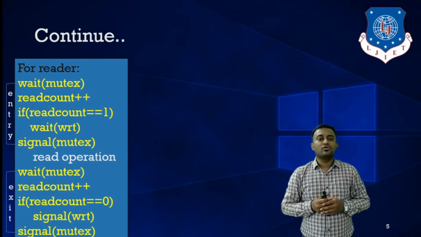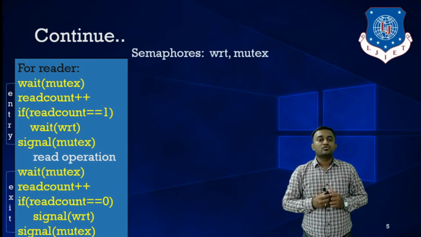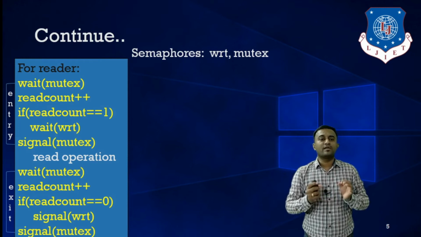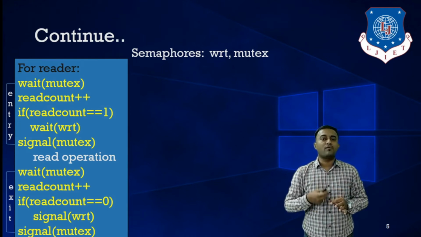In this case, instead of having a single semaphore, because in the writer code we used only one semaphore, WRT, here we need not only WRT but also one more semaphore called mutex.